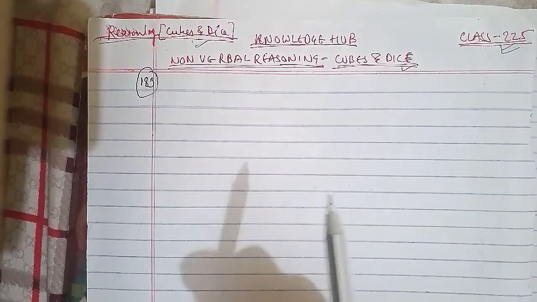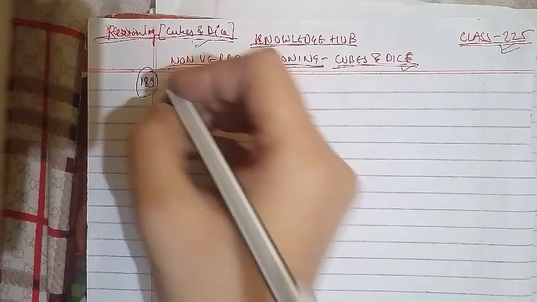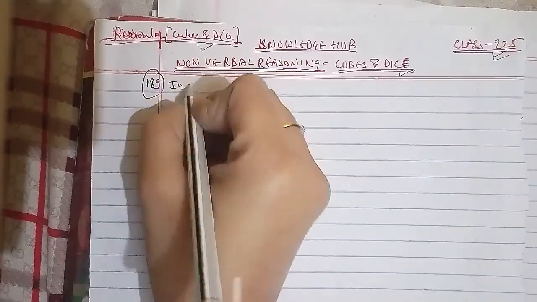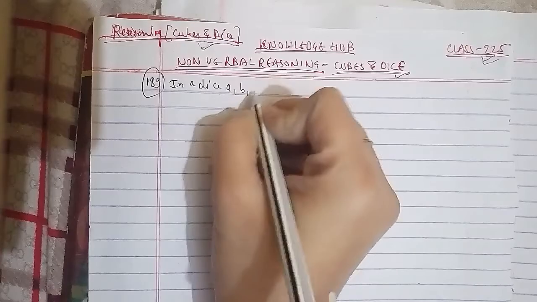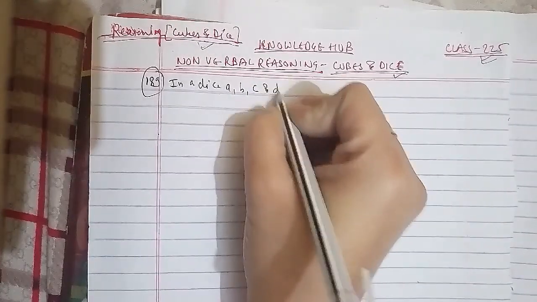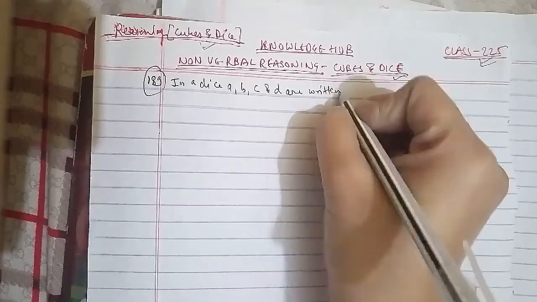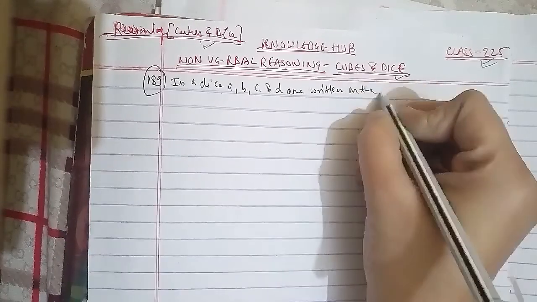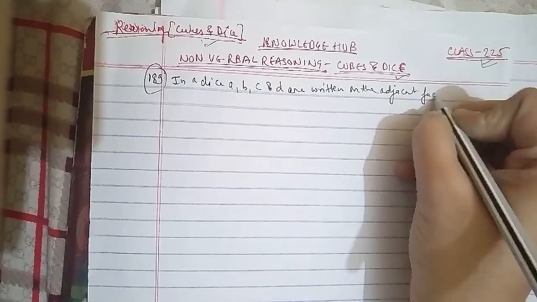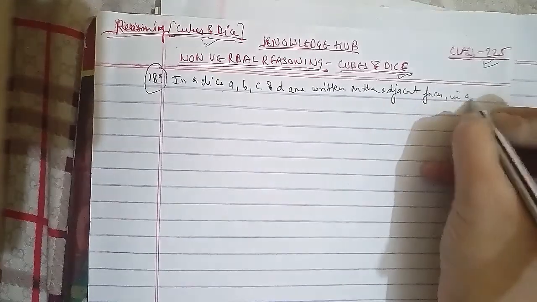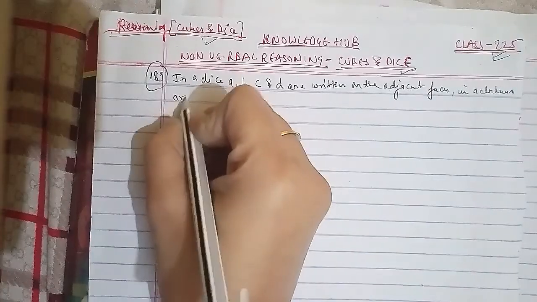In a dice, A, B, C and D are written on the adjacent faces in a clockwise order, and E and F at the top and bottom.